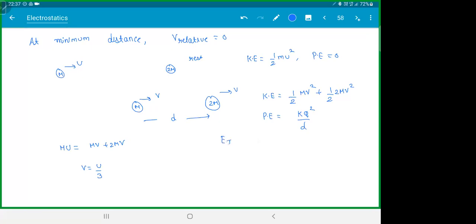Initial energy is equal to final energy. Half mu square is equal to 3 by 2 mv square plus kq square by d. Substitute v as u by 3, and you'll get the answer from here. Check the steps. This was initial, and this was final.